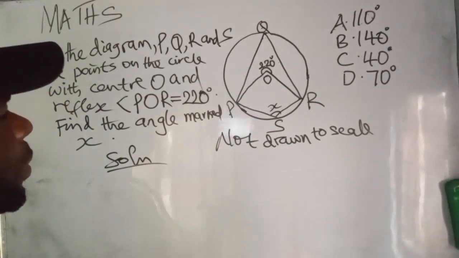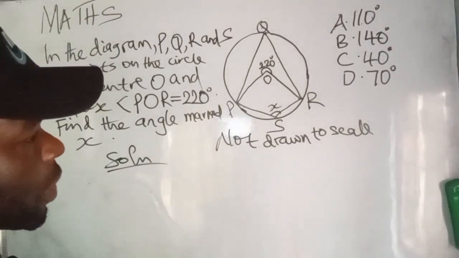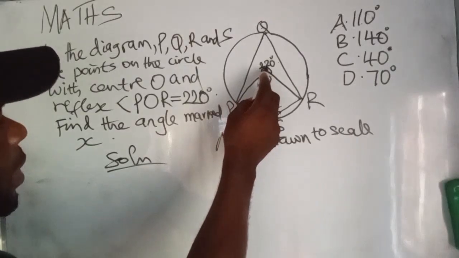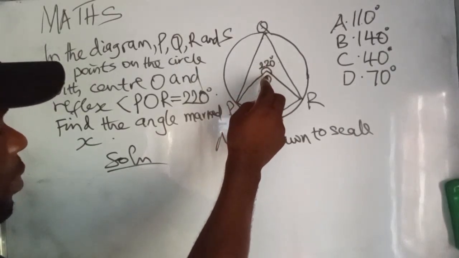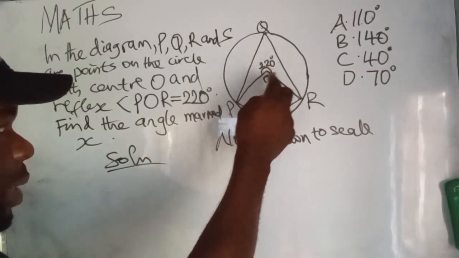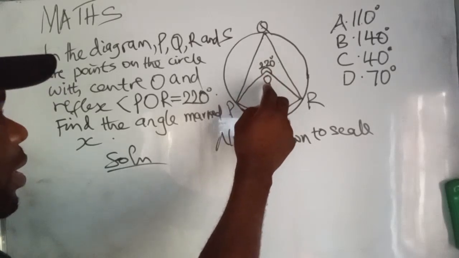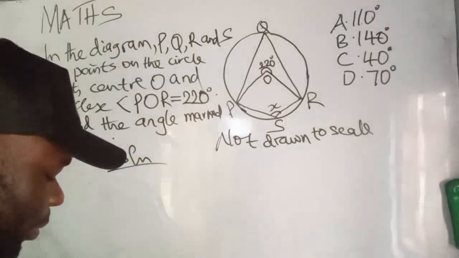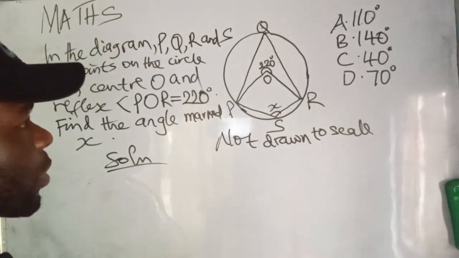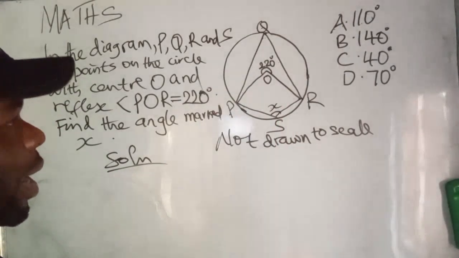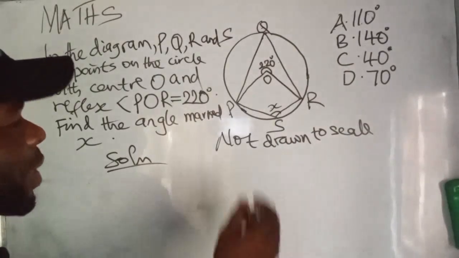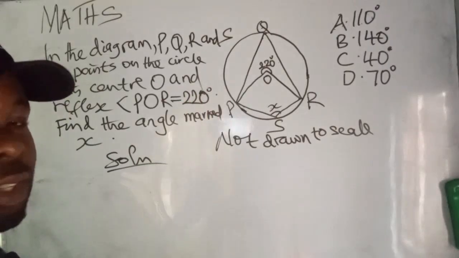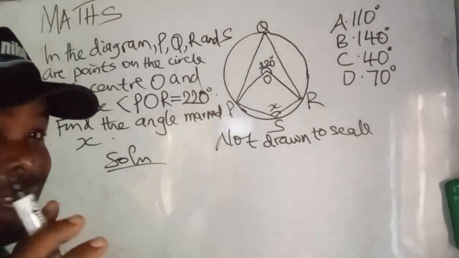Now, two things are involved here. The angle at the center of a circle is 2 times the angle at the circumference, this angle X. These are rules.